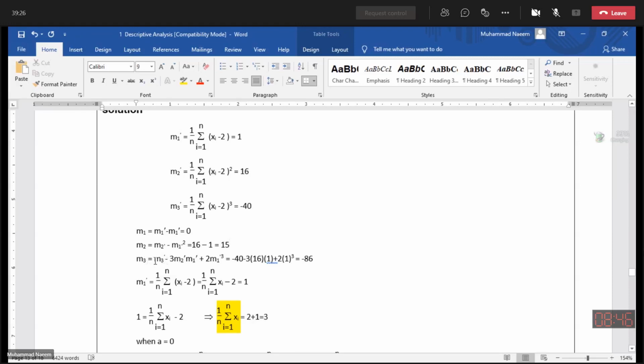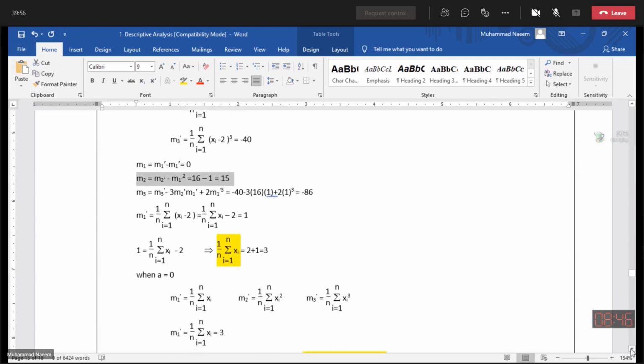M3 with this relation, M3 prime is given minus 40, M2 prime is 16, M1 prime is 1. Putting the values and simplifying, we get minus 86. And M2 is directly the value of the variance by definition.